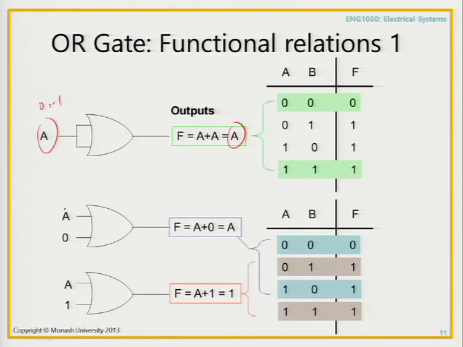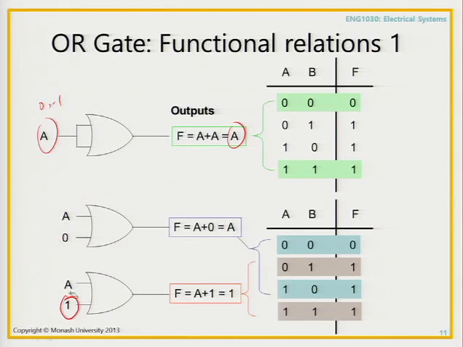If you put a 0 into one of the terminals, it has no effect. It just makes the gate become A. The output will be totally reliant on A. And the other interesting shortcut is that if I put a 1 into an OR gate, the output will always be 1, regardless of what A is.